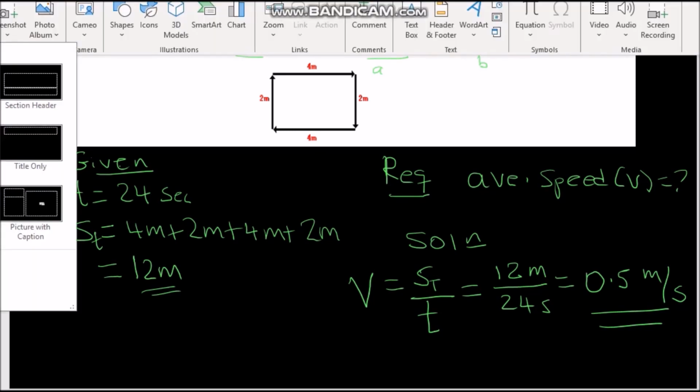Next, let me add B. You are required the average velocity.